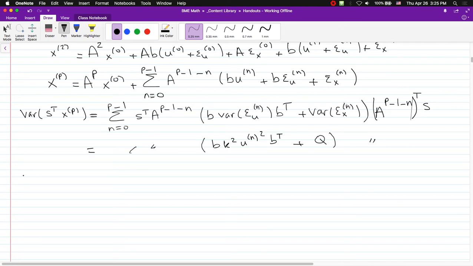Then we have our constraint. Our constraint is that the expected value of x at time point p should be equal to the goal. Well, what's the expected value at time point p? That's just this term, A raised to the power of p times the initial state, plus the sum.